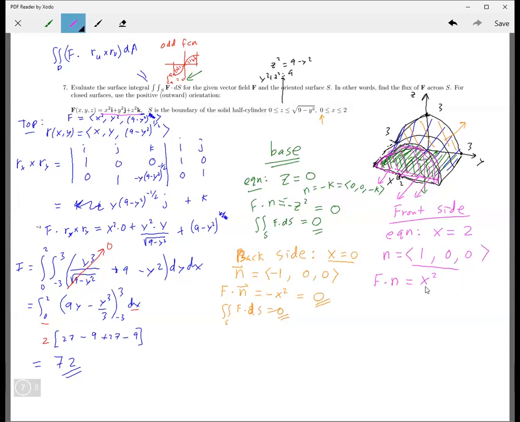So just x squared. We know x is 2, so this will be 4, right?